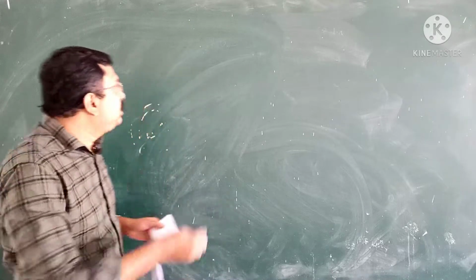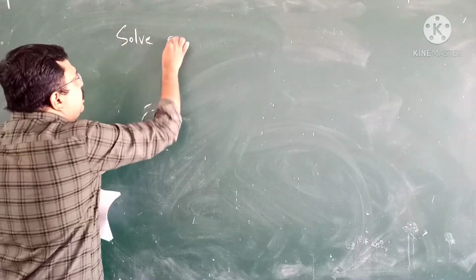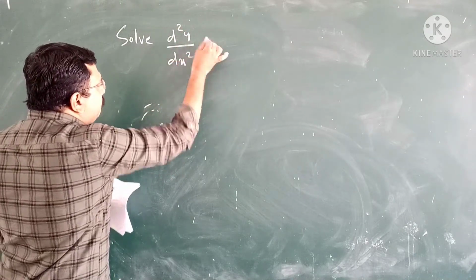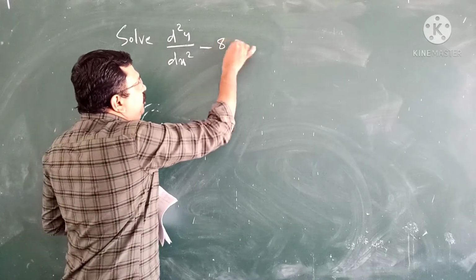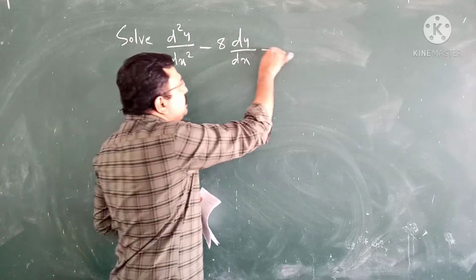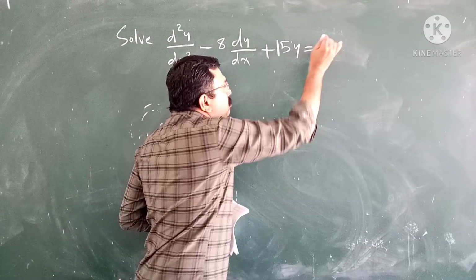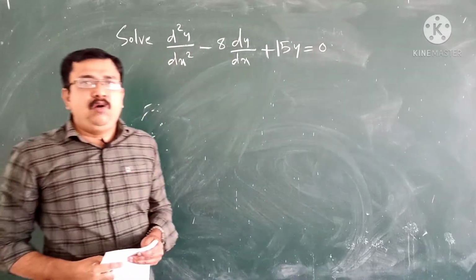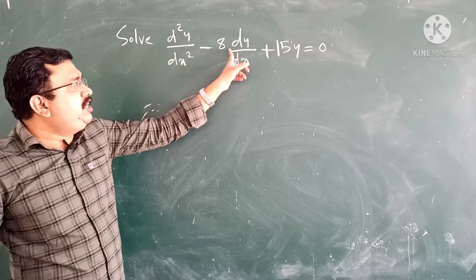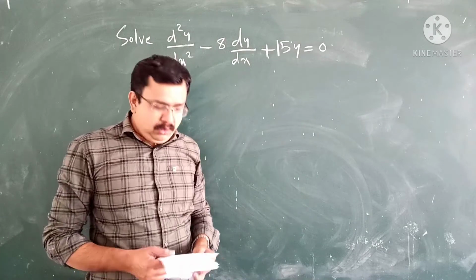First question is solve d square y by dx square minus 8 into dy by dx plus 15y equal to 0.